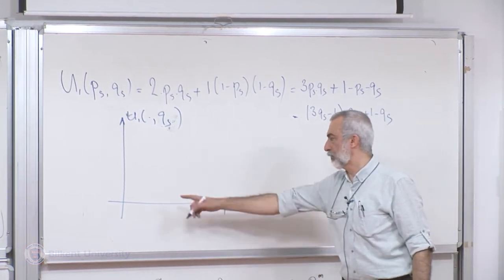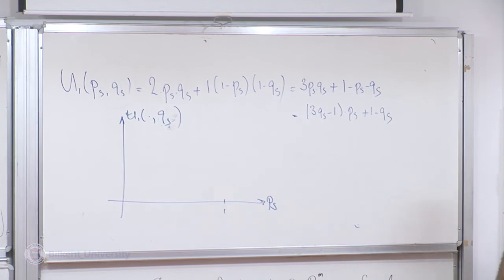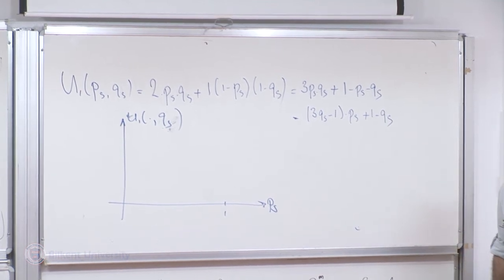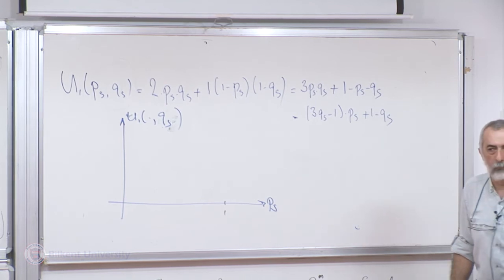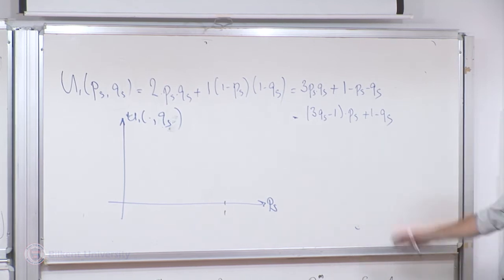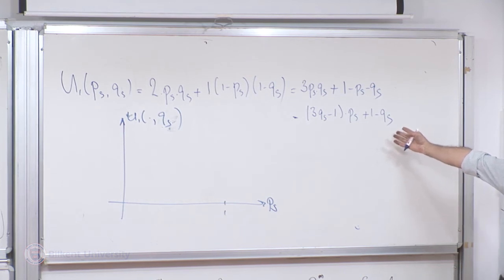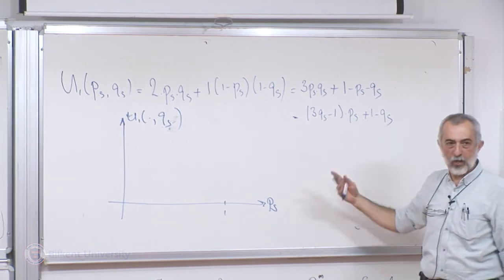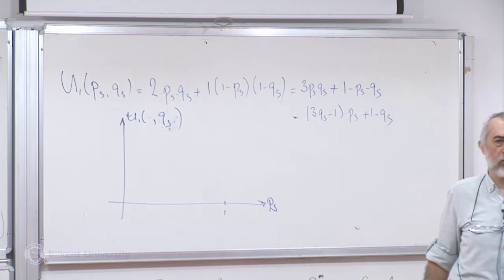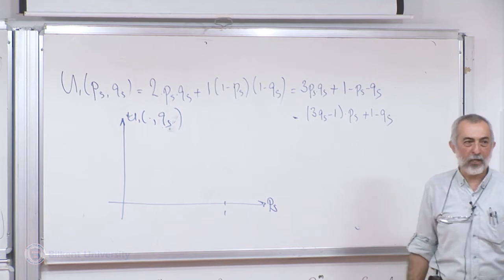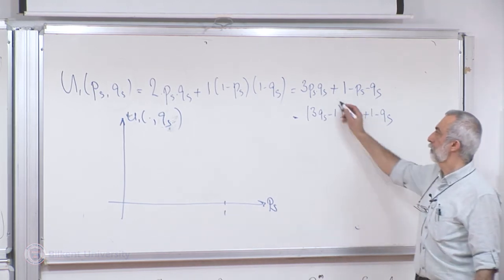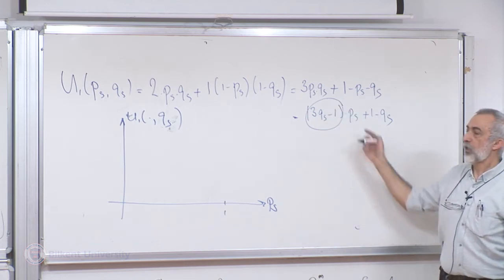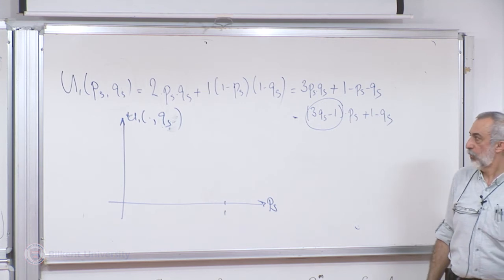By the way, the strategy set is from 0 to 1, and QS is also between 0 and 1. Does anybody have a picture already? First of all, what kind of a function is this? That's a linear function, so the graph would be a line. So all we need is the slope and the intercept. Actually, in this case, I don't even care about the intercept that much because the slope will tell me what the maximizer is. The slope term is given by 3QS minus 1, right?